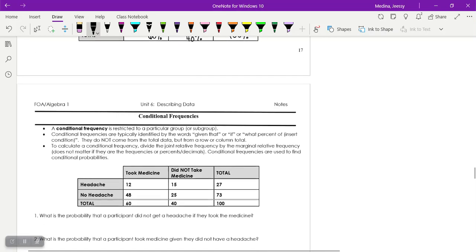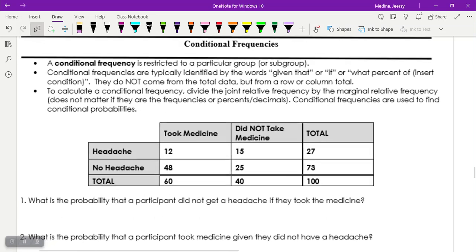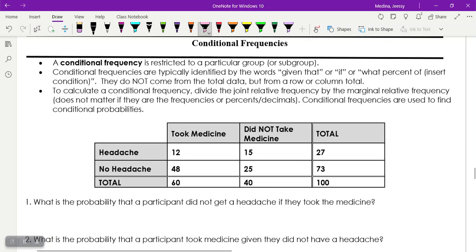All right, a conditional frequency is when I ask you questions regarding a specific group or subgroup. What does that mean? About a specific row or a specific column. Group or subgroup is a specific row or column.